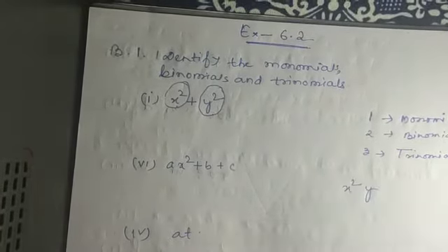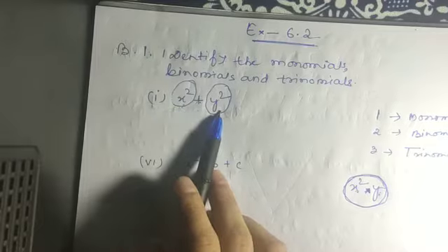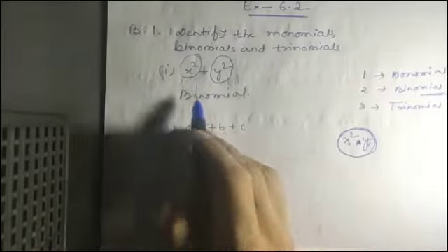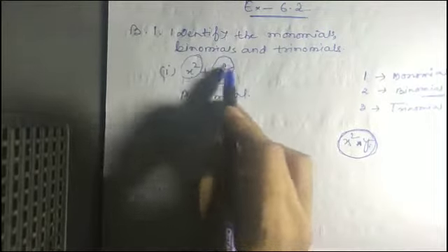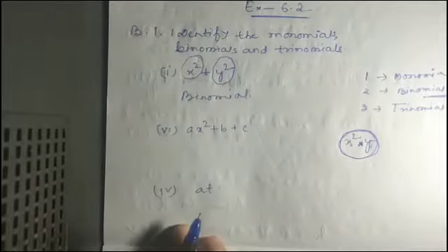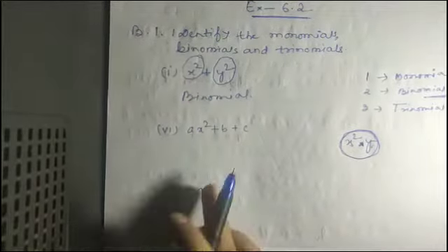So here x square and y square are separated by the sign plus, right? With the operation plus or minus, if the terms are separated, we take the terms as different. So this is one term, this is another term. Two terms are there, so this algebraic expression is a binomial expression.